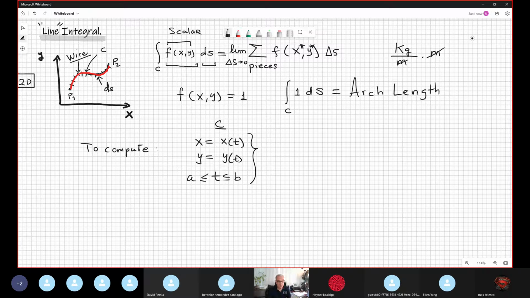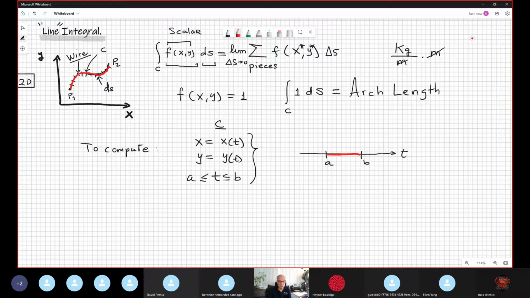Now, using this idea, wow, fantastic. You convert this problem, which is along the curve C, which is curved, into one problem in one dimension. This is the t-axis, and between a and b, this is my new interval.